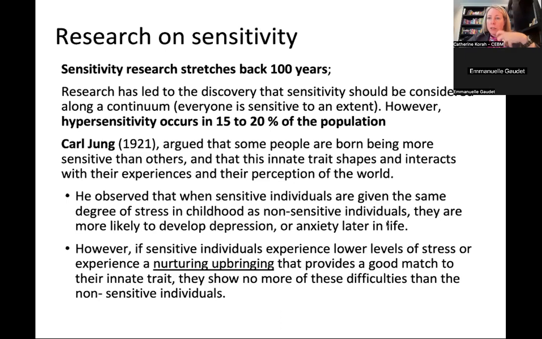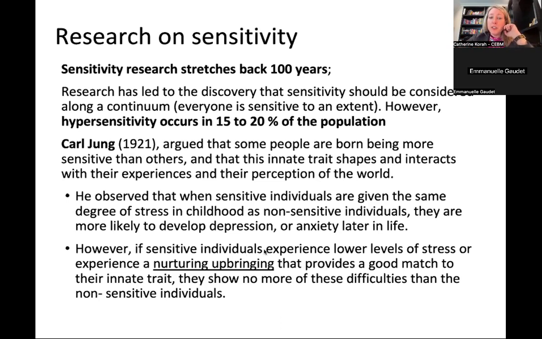And so oftentimes these individuals, if we don't have the right accommodations put in place, and they are trying to the best of their capacity to fit in similarly to a neurotypical individual, this can lead to burnout, anxiety and depression.